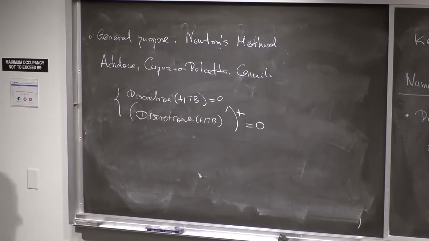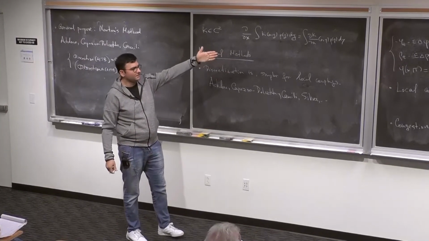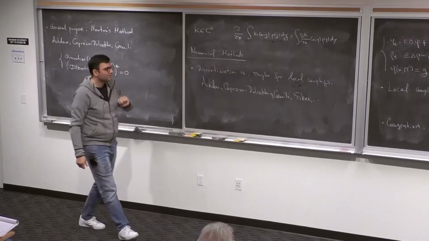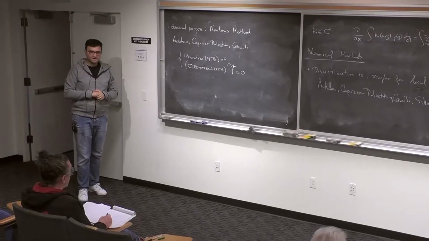We differentiate the first equation in the discrete variables of phi, calculate the dual of that, and that's going to be the discretization for our Fokker-Planck equation.